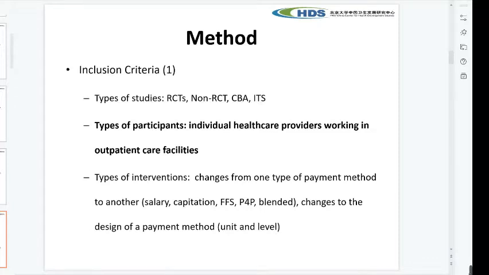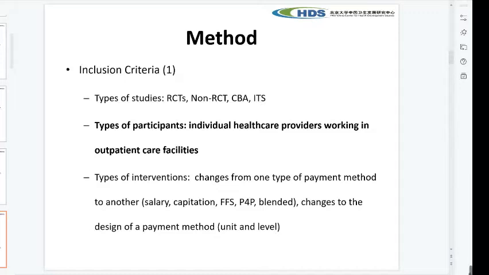The first one is that we only included payment targeting individual health providers. Some studies use the words payment to health workers or health professionals, but when we analyzed the content in detail, we found that the payment targets were group level or team level.